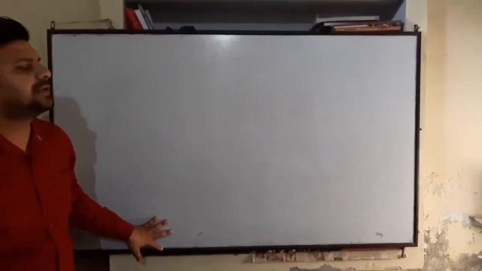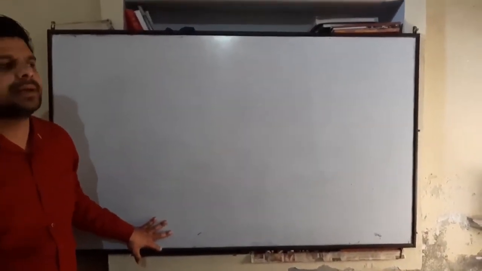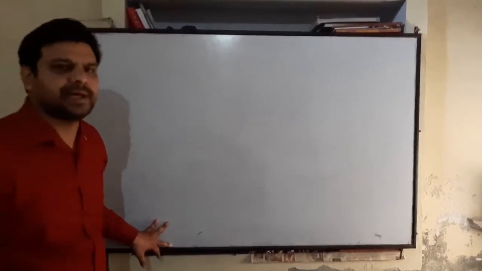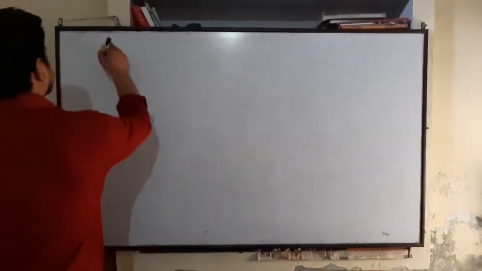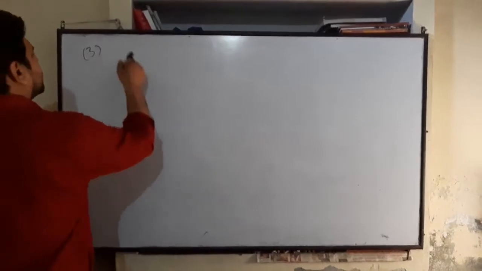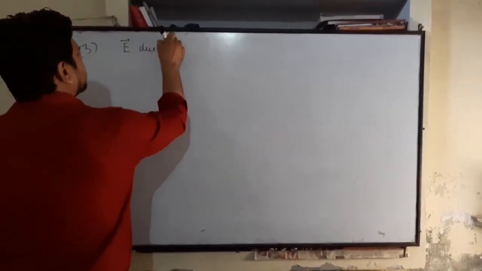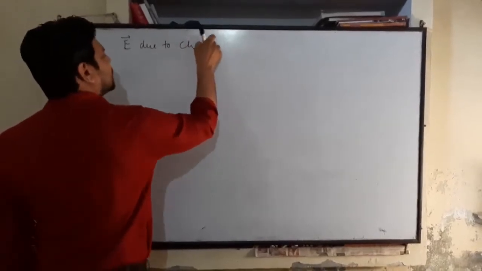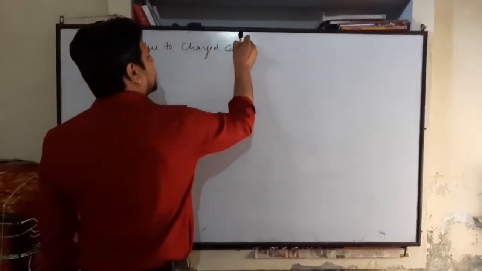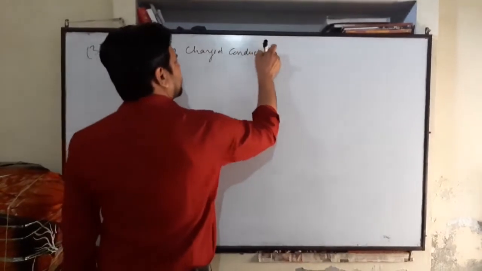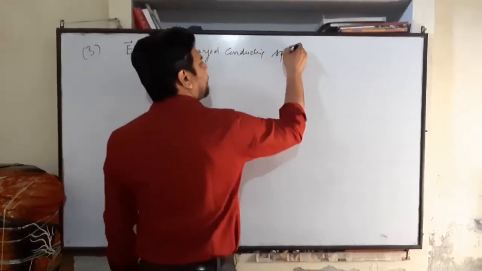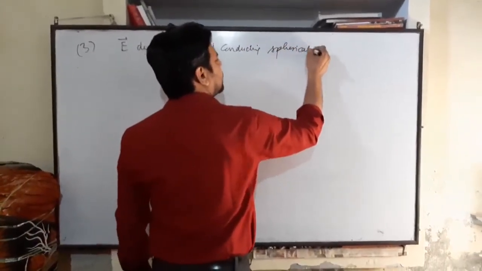Now I am going to explain the intensity of electric field due to a spherical conducting shell with the help of Gauss theorem. This is the third application: intensity of electric field due to a charged conducting spherical shell.